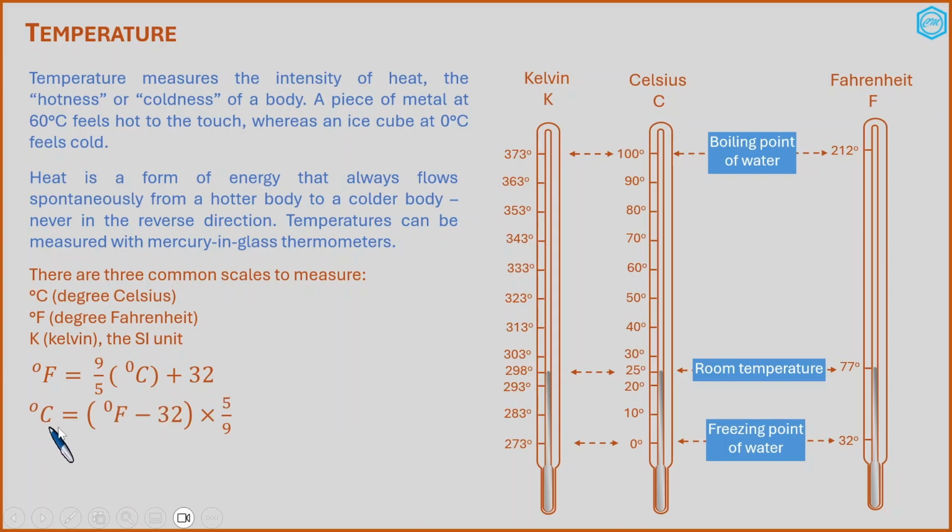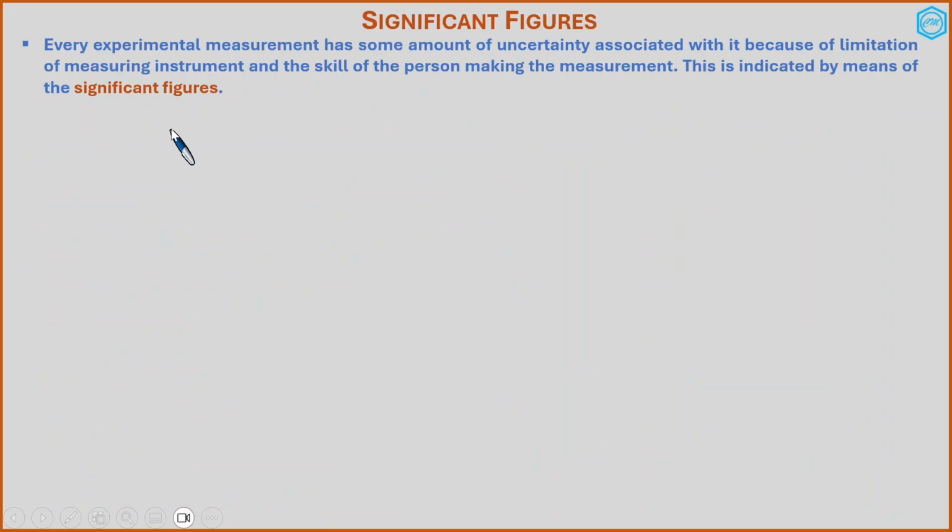Degree Celsius is equal to the temperature in degree Fahrenheit minus 32, the whole multiplied by 5/9. Kelvin is equal to degree Celsius plus 273.15. We shall usually round 273.15 to 273.